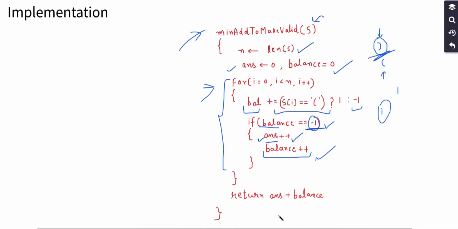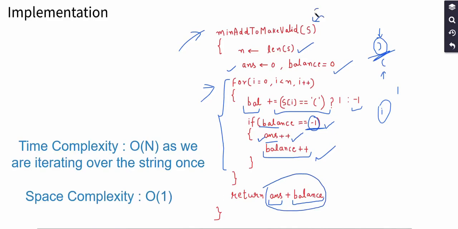Now finally, answer, which represents the number of opening parenthesis, plus balance, which represents the number of closing parenthesis which I require, will simply give me the answer for this problem or for this string. That is the total number of parentheses, whether be it open or closed, which are required to make the string s as a valid string. Fine. So that's how this function is working.